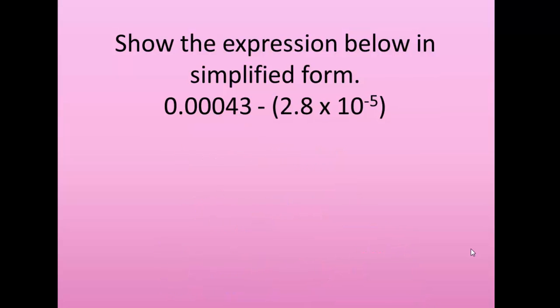Okay, here, so we're just doing another subtraction. So once again, we can make the exponents the same. So in this case, we're going to have 43 subtract 2.8, and that's going to give you 40.2 times 10 to the -5.